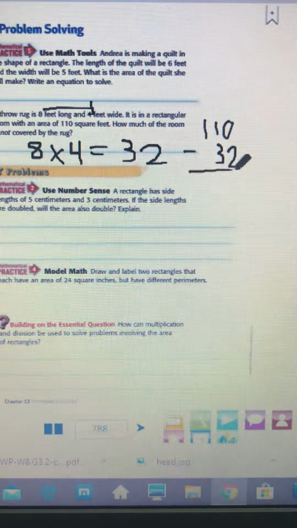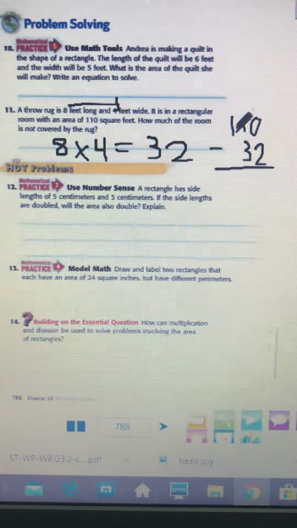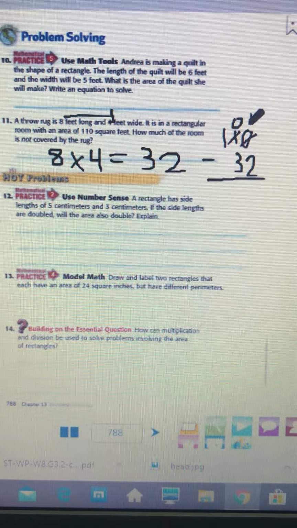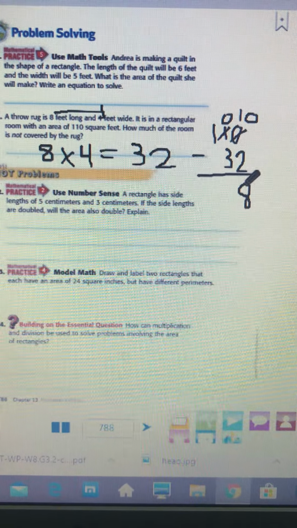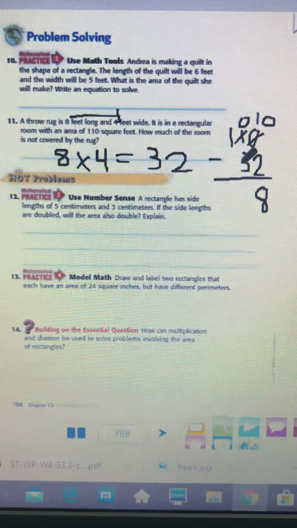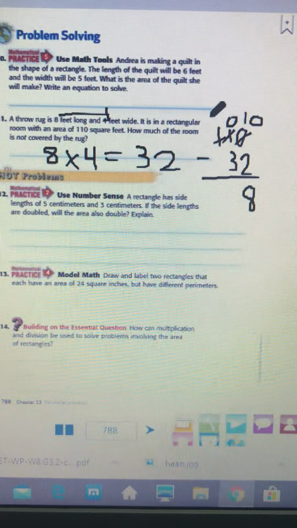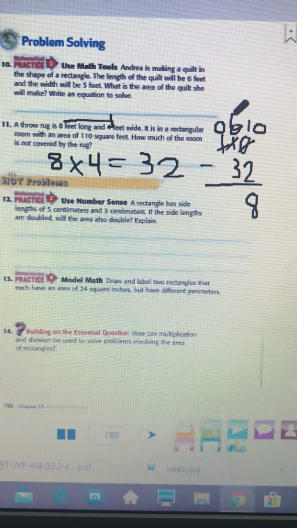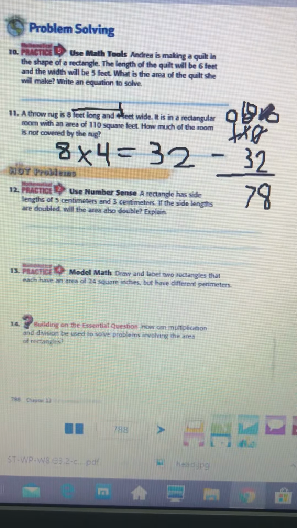Okay, we subtract. 0 minus 2 cannot be. Borrow 1 from 1. 1 becomes 0, and the 0 becomes 10. 10 minus 2 we will get 8. And 0 minus 3 cannot be. Borrow 1 from 1. 1 becomes 0, and 0 becomes 10 again. 10 minus 3 will get 7.